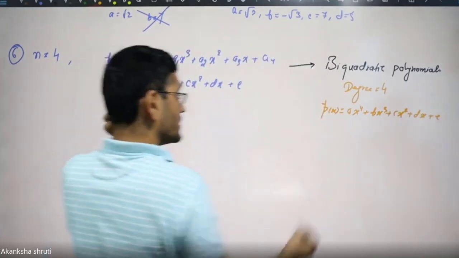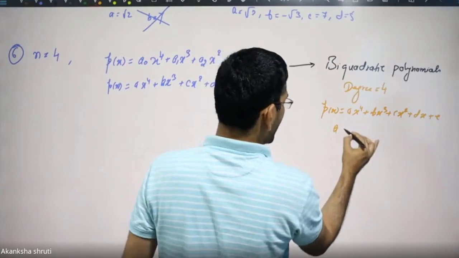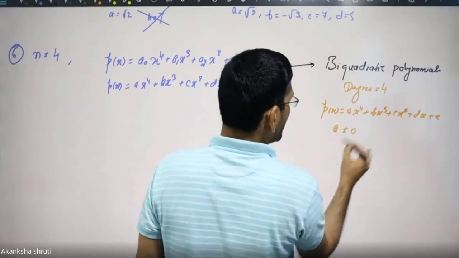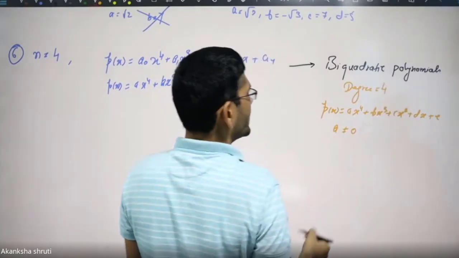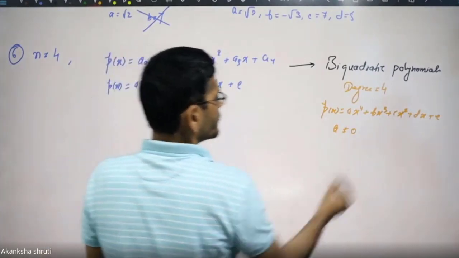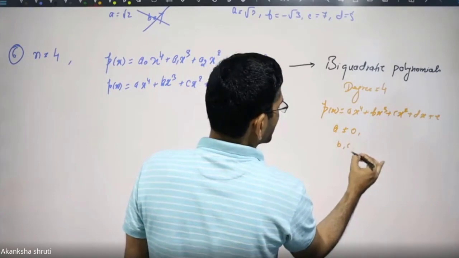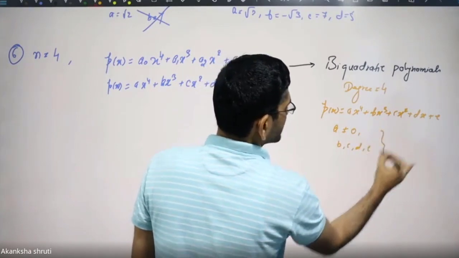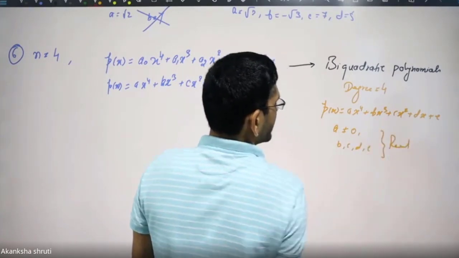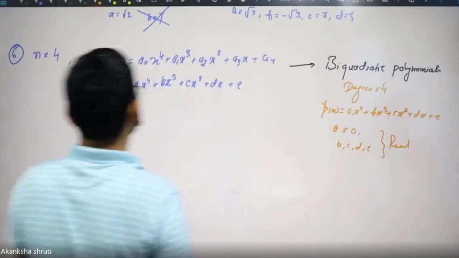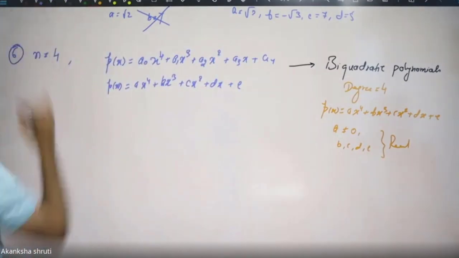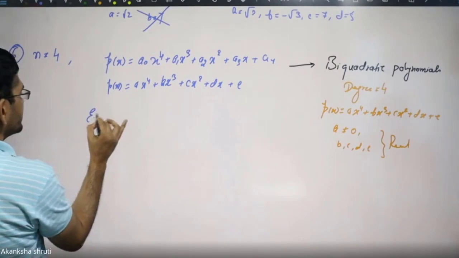Here again the condition is that a cannot be 0, otherwise it will no longer be biquadratic or degree 4. So here a, b, c, d, e must be real, but b, c, d, e can be 0 also. Let me just write one example.